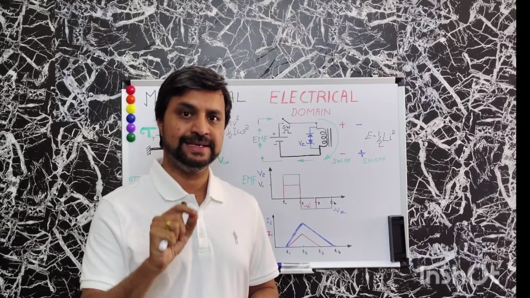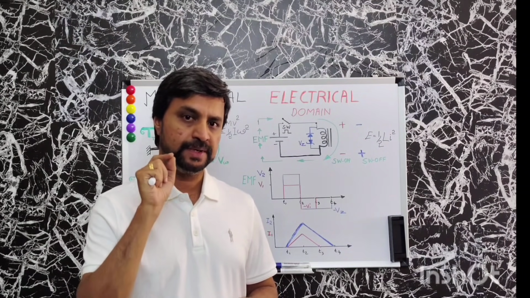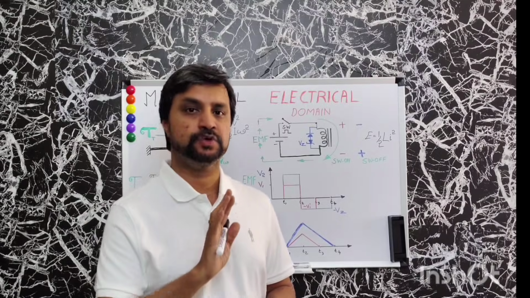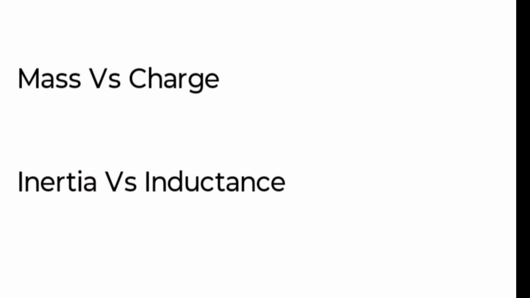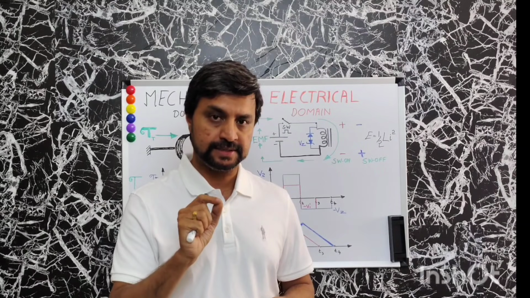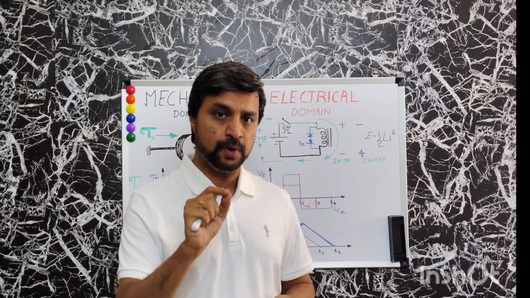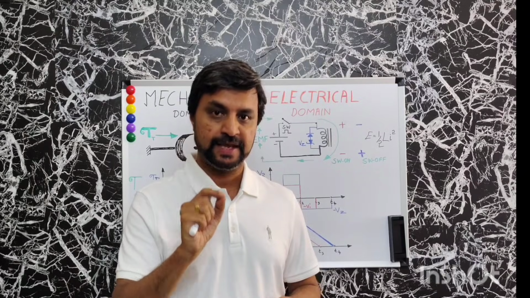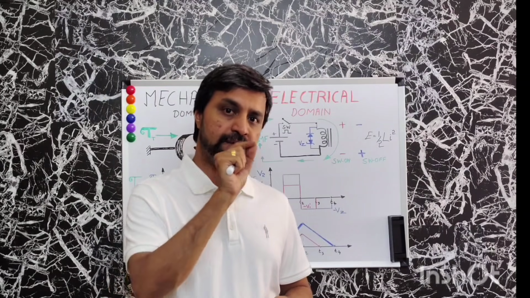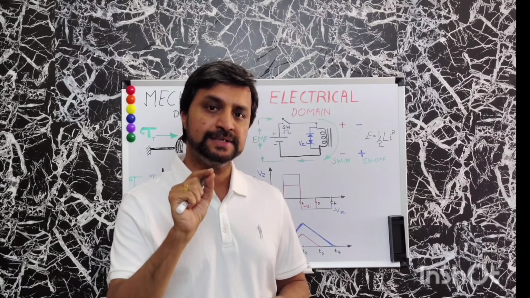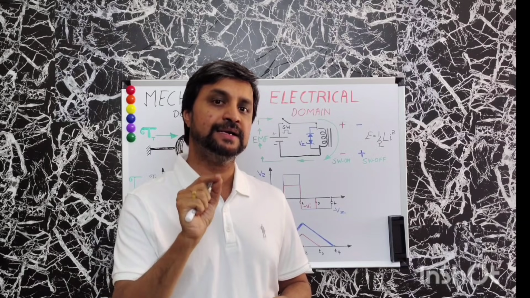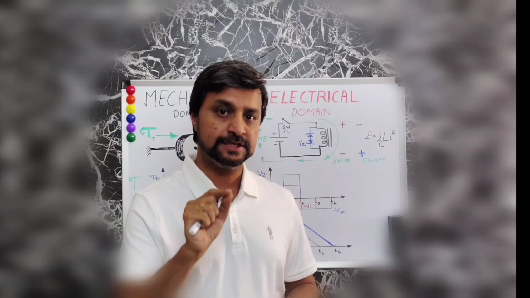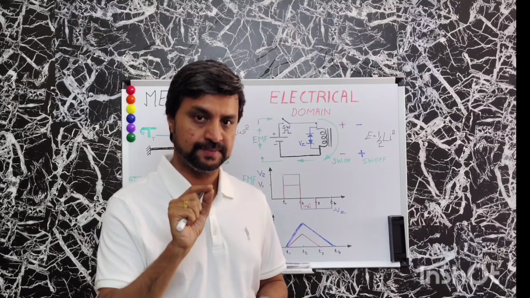If the velocity is 0, it prefers to be at 0, and if the velocity is at x, it prefers to be at x. In the electrical domain, in the case of an inductor, it tries to oppose any change of current through the inductor. If the current through the inductor is 0, it tries to maintain it at 0. If the current is x, it tries to maintain it at x. And this property is called inductance.